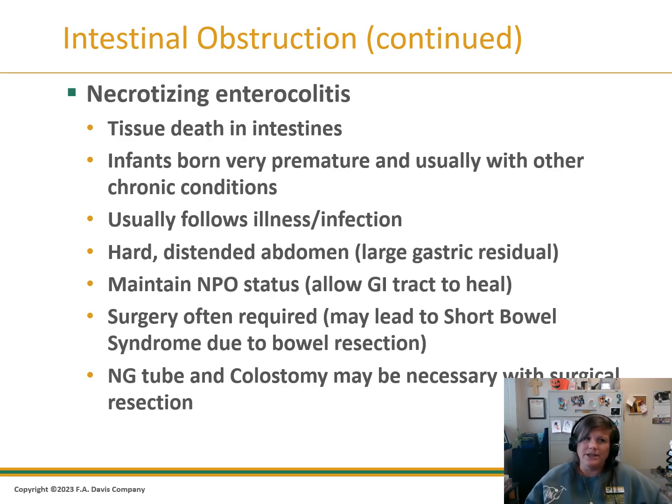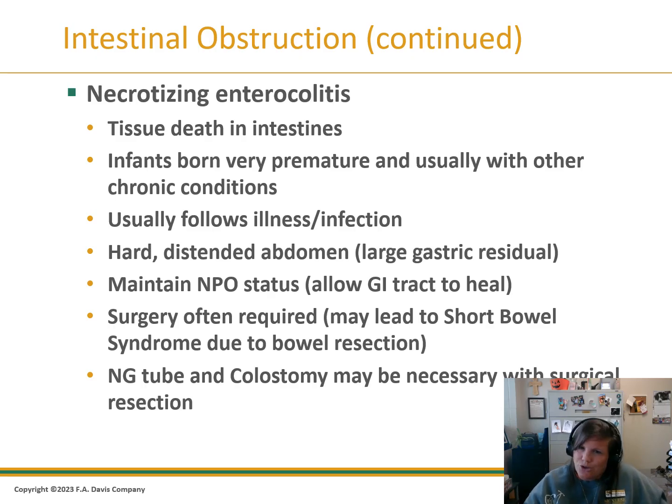Remember we talked about a term infant's stomach capacity being 30 mils, which is 1 ounce. I mean, that is so small. I don't have a measuring cup or a medicine cup with me, but it's very minimal. So when they say large gastric residual, in my notes it says greater than 2 mils.